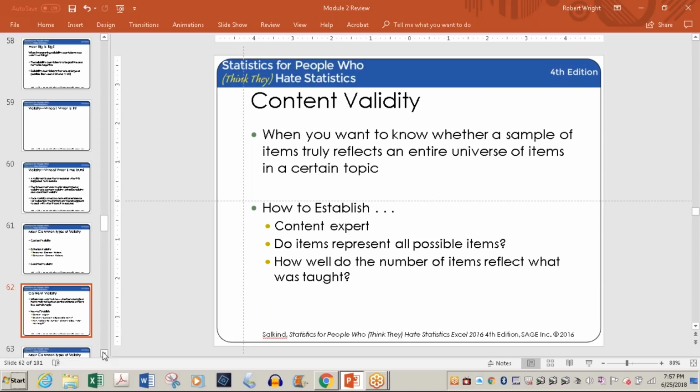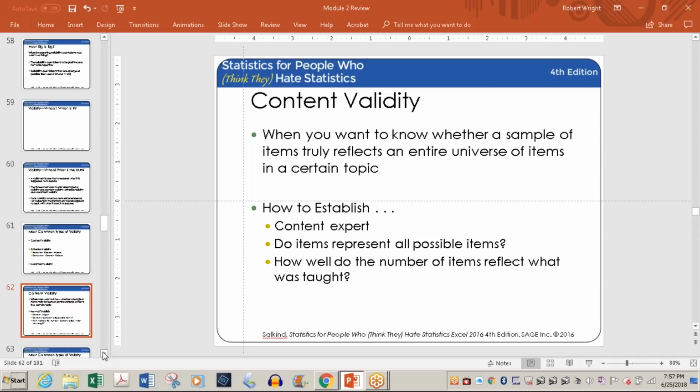Basically, you rely on content experts. Do the items represent all the items possible given the questions being asked? And how well do the number of items reflect what was taught? Basically, is what you have in the test what you need to have in the test for that test to measure what it says it's measuring? Does that make sense?